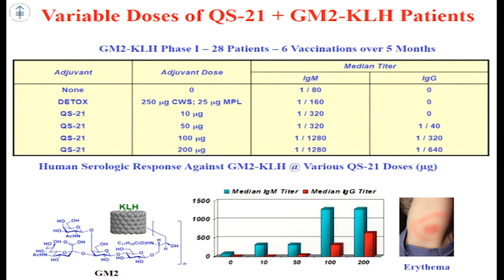We saw that QS21 stood on top, able to induce IgM and IgG responses, and you can clearly see the titer. But the dose we selected at that time, 200 micrograms, is toxic and induces erythema in the patient. So we can use QS21 in cancer patients, but we cannot use it in kids as an infectious disease vaccine, because your arm is going to swell up big.